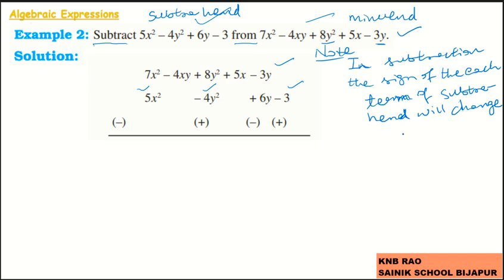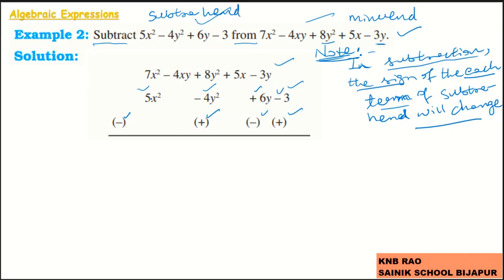So this point is very important. While doing subtraction, the sign of each term of the subtrahend will change. For example, if it is positive, it will turn to minus. If it is negative, it will turn to plus. Plus will become minus, minus will become plus.